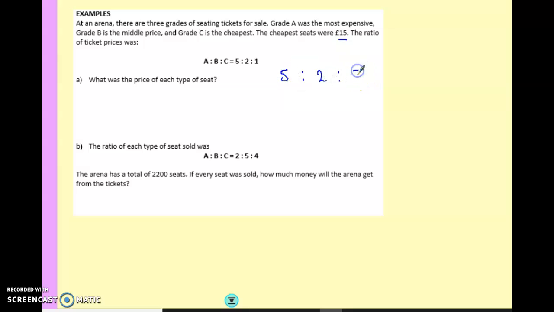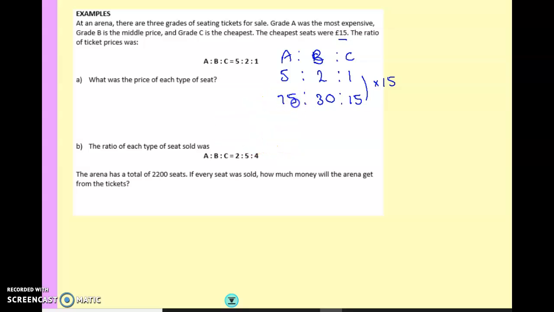So my ratio is 5 to 2 to 1. The cheap one, my C, is £15. That goes under that. £15, to get from 1 to 15, times by 15. So I need to do the same here. 5 15s, 75.